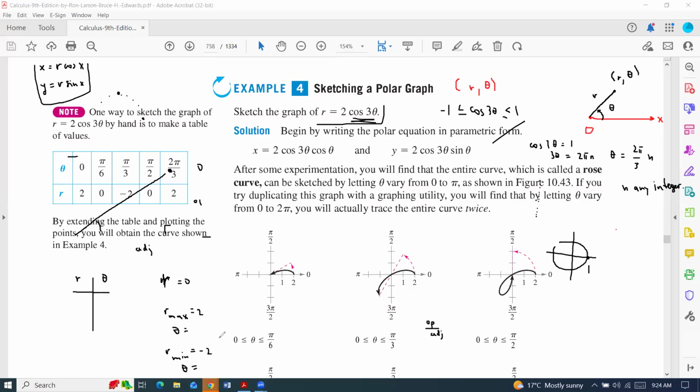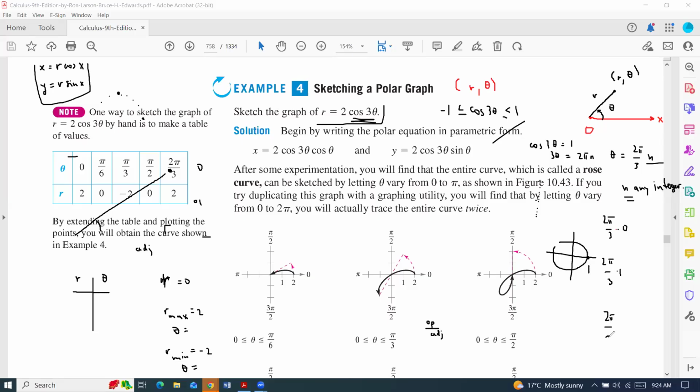So we utilize such values as 0. When n is 0, then theta is going to be 2 pi times 0 over 3. When it is 1, and so I take 0, 1, 2, and so forth.